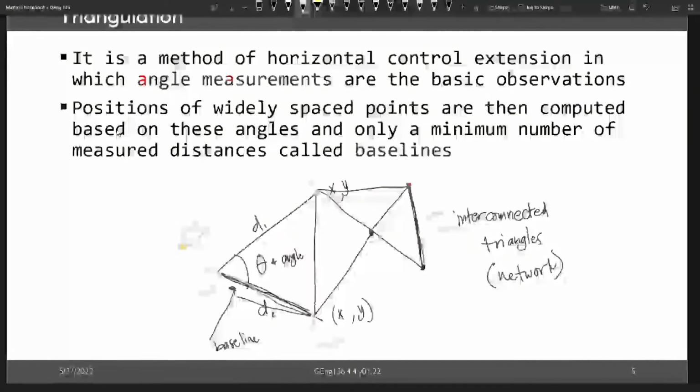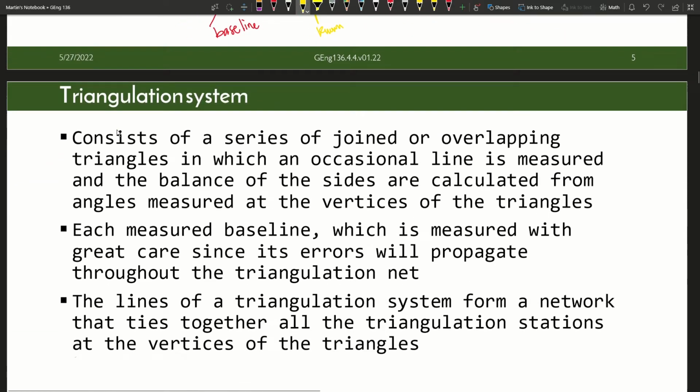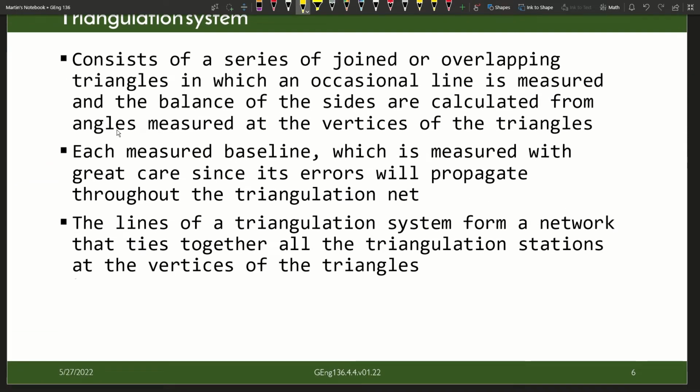The system consists of a series of joined or overlapping triangles in which an occasional line is measured, and the balance of the sides are calculated from angles measured at the vertices of the triangles. In the triangulation system, each measured baseline is measured with great care since its error will propagate throughout the triangulation net. So going back, they carefully measure this baseline.